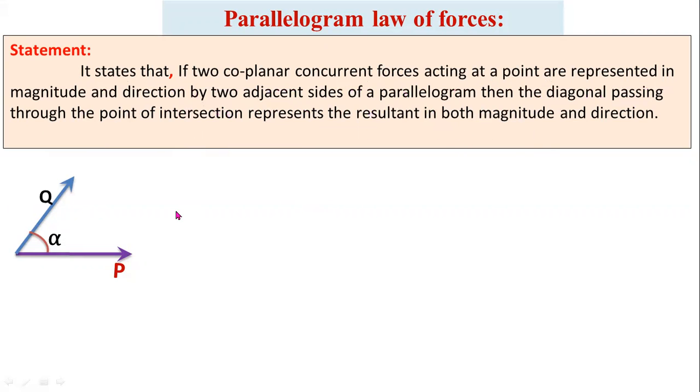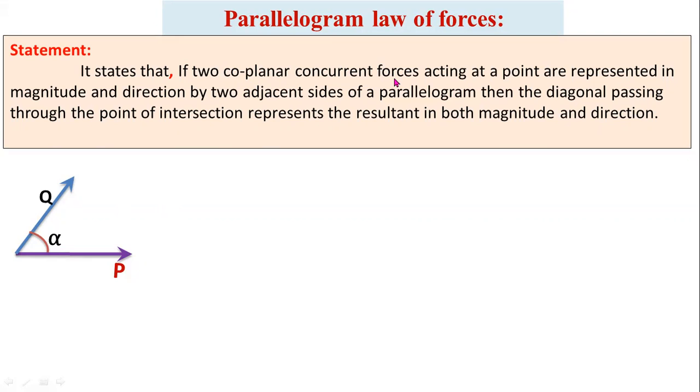Okay, first, what is coplanar? If the line of action of all the forces lies in a single plane, then the force system is called a coplanar force system. And what are concurrent forces?